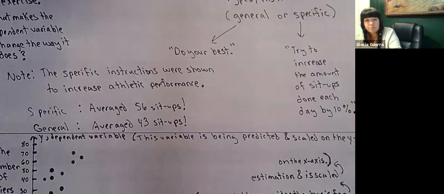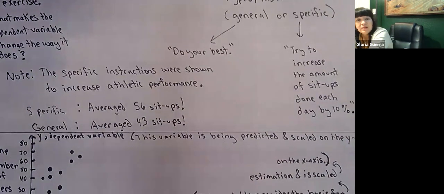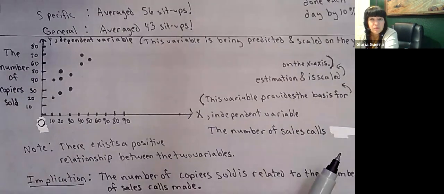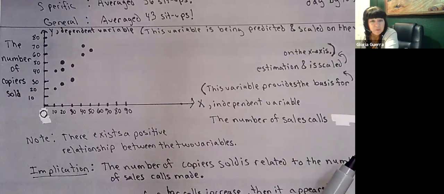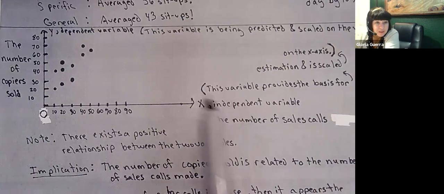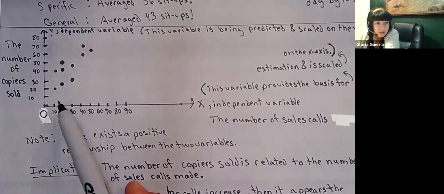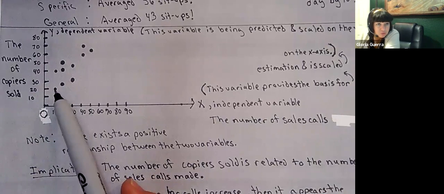So that's in your ebook when you read. I just wrote that up based on your ebook reading. And then this one I got from another stats book. This is an example from a business perspective, having to do with copy machines sold and the number of phone calls made. If only 10 phone calls were made, then only about 20 copy machines were sold.